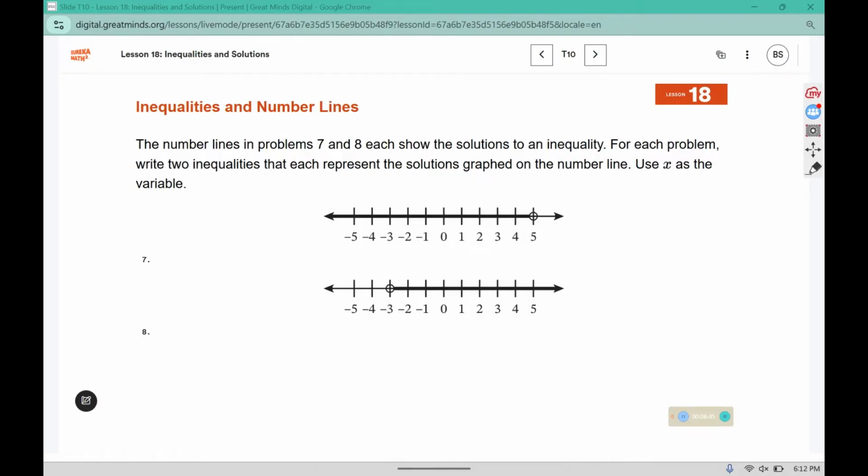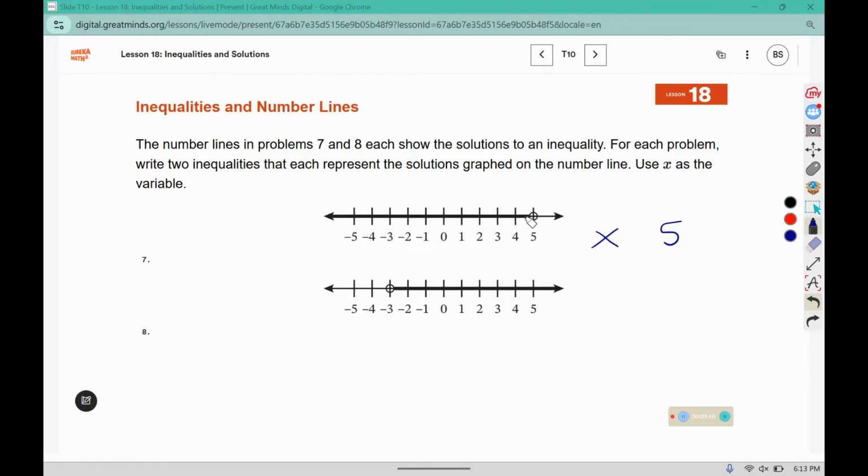The number lines in problems 7 and 8 each show the solutions to an inequality. For each problem, write 2 inequalities that each represent the solution graphed on the number line. Use x as the variable. So this is going to use the number 5 because I have the 5 here.